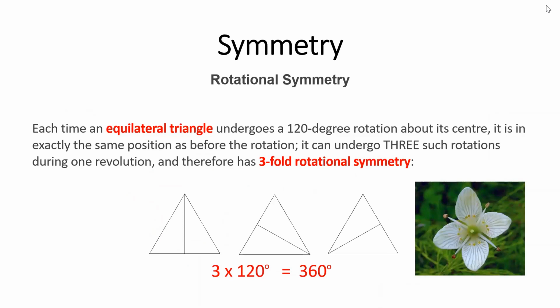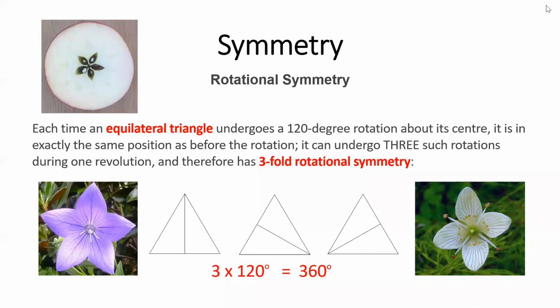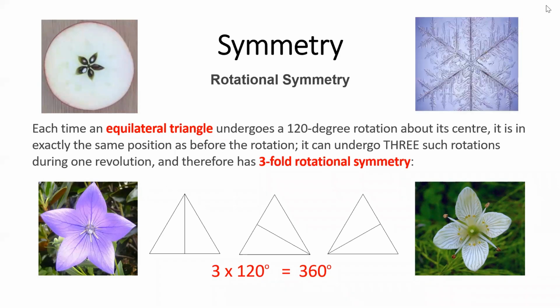When we look at this little flower here on the right, it naturally has a 4-fold rotational symmetry. Many flowers have pentagonal or 5-fold rotational symmetry. Most of them actually have that. And even this apple, when we cut through an apple, we see that there's a little pentagon inside the apple because there's a 5-fold rotational symmetry in the way that the seeds form in the apple.